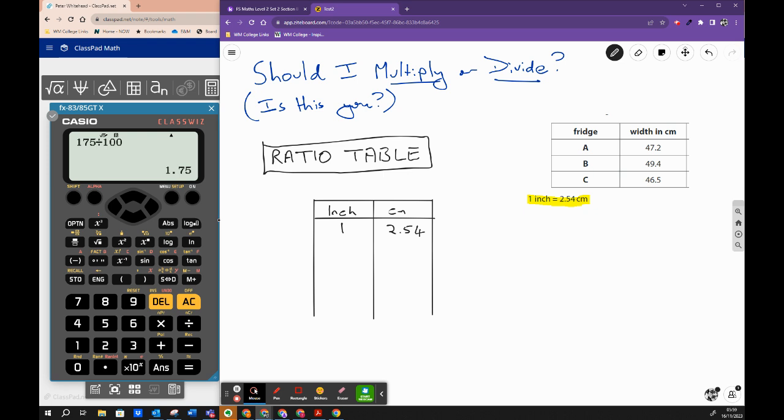So if I now ask, well, what about 2 inches? Then the student will probably say, well, it's double that, or another 2.54. So we've just done that on the calculator there, and we can see 5.08. And if I ask, what about 3 inches?